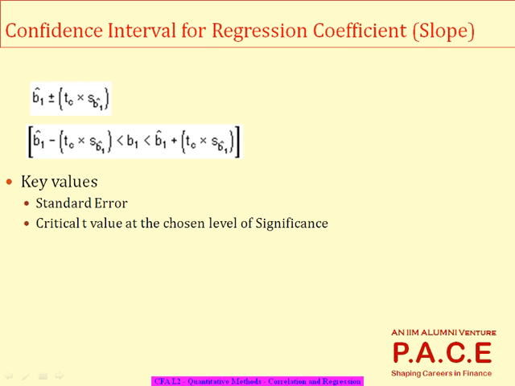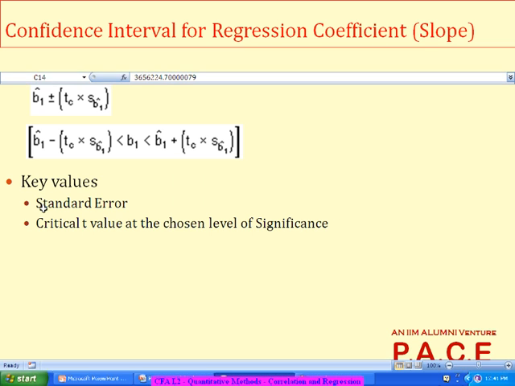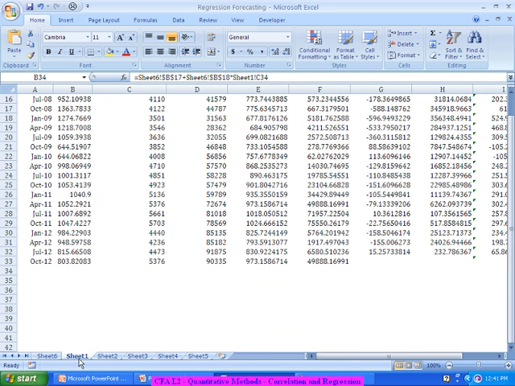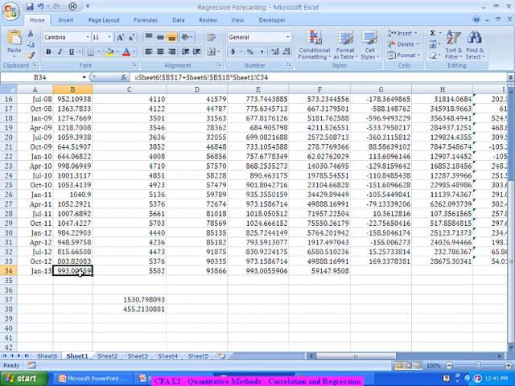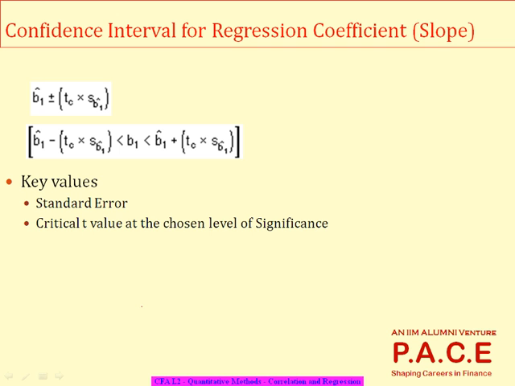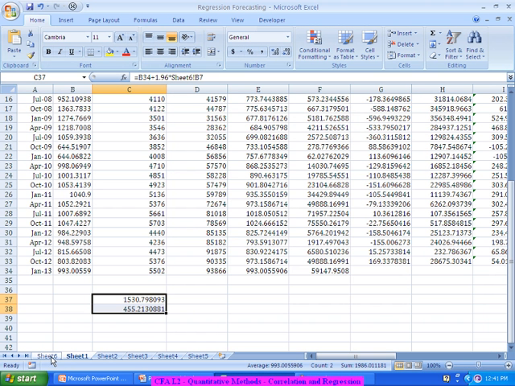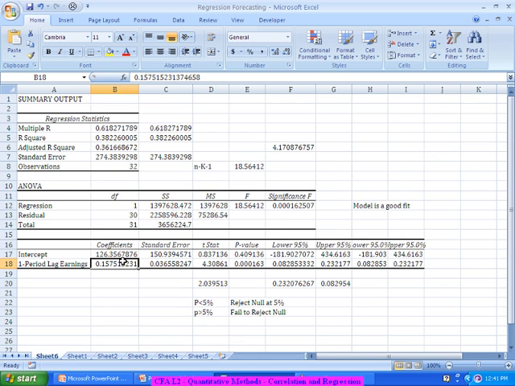As an interval, for the predicted value we got 993, and we put a 95% confidence interval around it by using 1.96 times the standard error of the value. Same thing you can do for the coefficient. For the 95% confidence interval of my regression coefficient, I take 0.15 plus or minus the t value times the standard error.